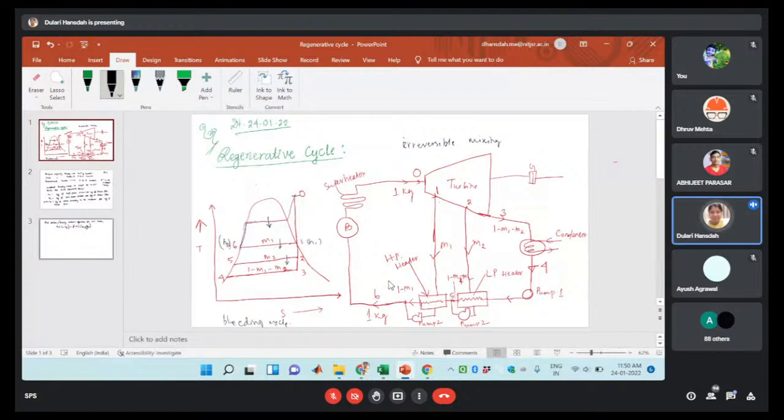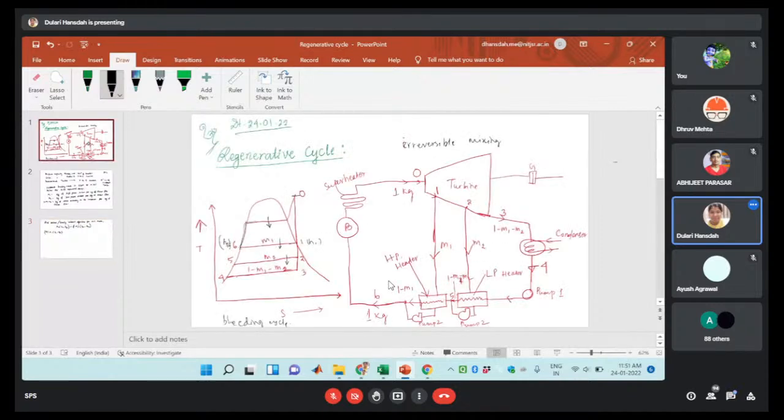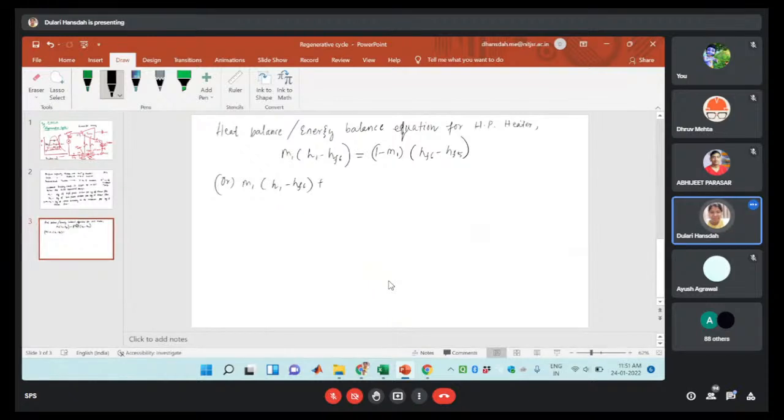We can also write this equation like this: M1 (H1 minus HF6) equals (1 minus M1) (HF6 minus HF5).